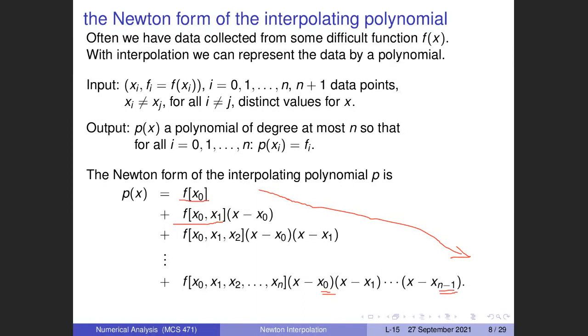So this is a polynomial of degree at most n. This coefficient may often be 0, not so often, but there are circumstances where this coefficient is 0. And the divided difference coefficients will ensure that the polynomial interpolates, so that the interpolating condition is satisfied.